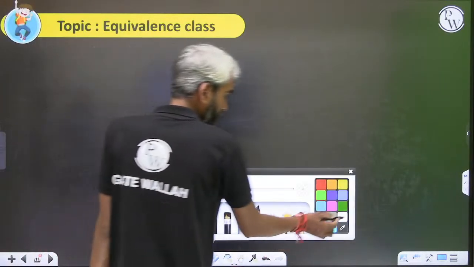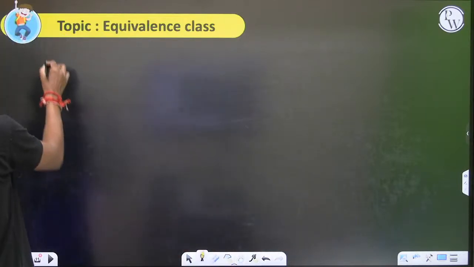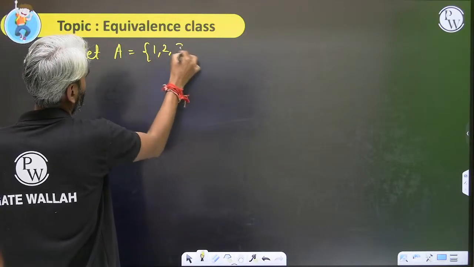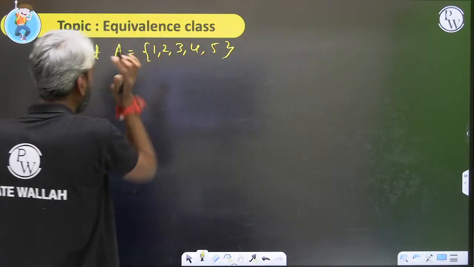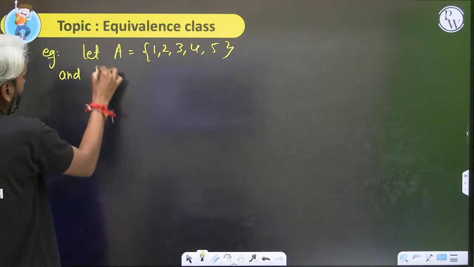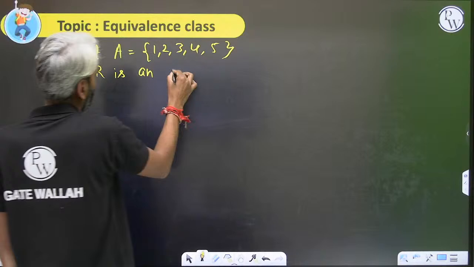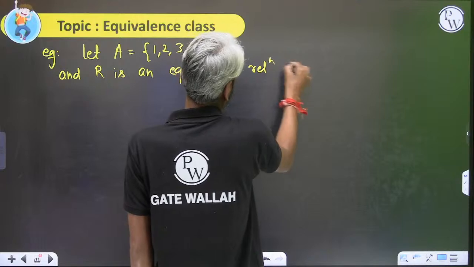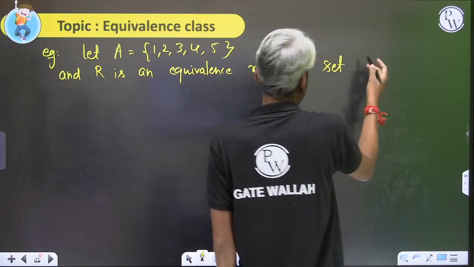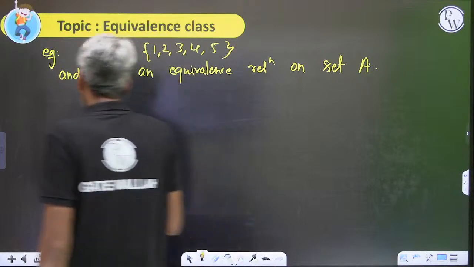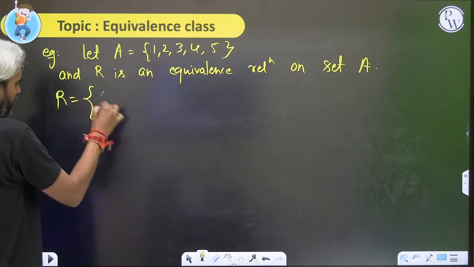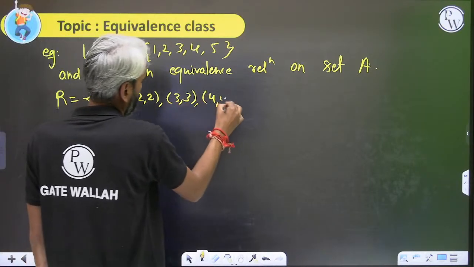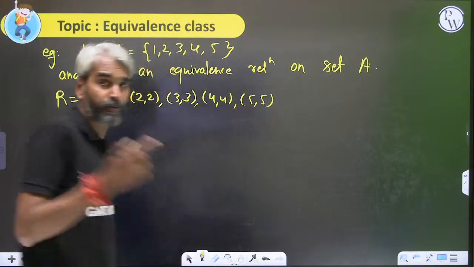Let A equal 1, 2, 3, 4, 5, and R is an equivalence relation on set A. You can take any equivalence relation on set A, so I am assuming that this one is the equivalence relation: (1,1), (2,2), (3,3), (4,4), (5,5). All ordered pairs must be present because it should be reflexive.